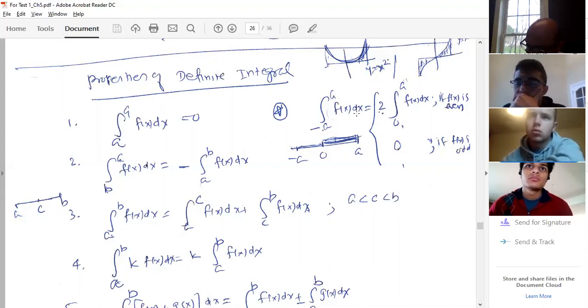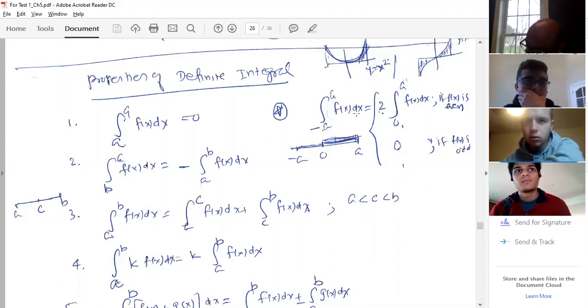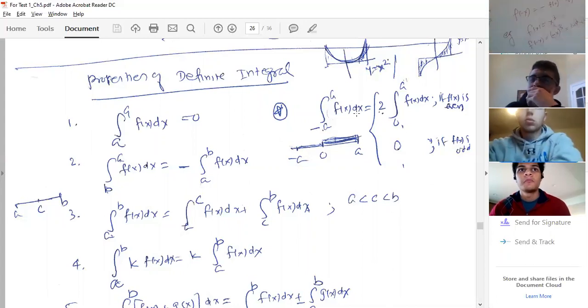Example, f(x) equal to x cubed. Say f of negative x equals negative x, whole cubed. So negative 1 cubed times x cubed is equal to negative of x cubed, and that is equal to negative of f(x). Like this.